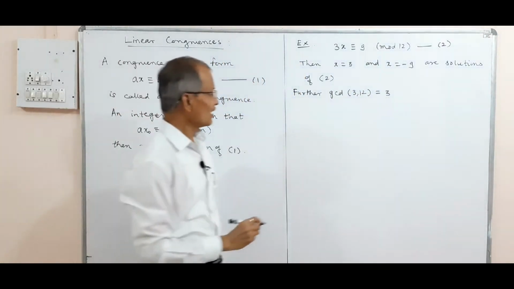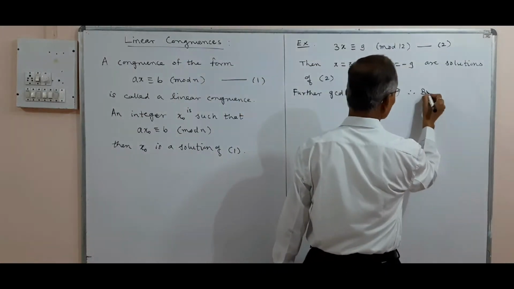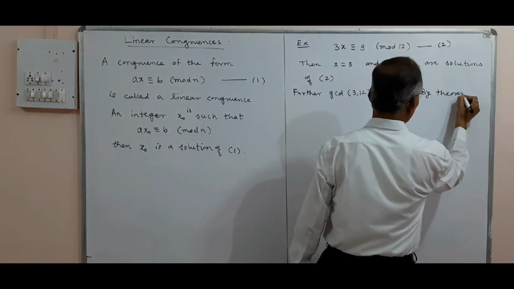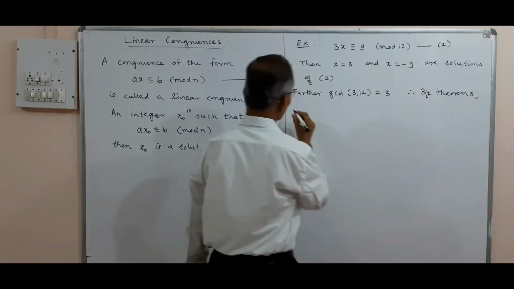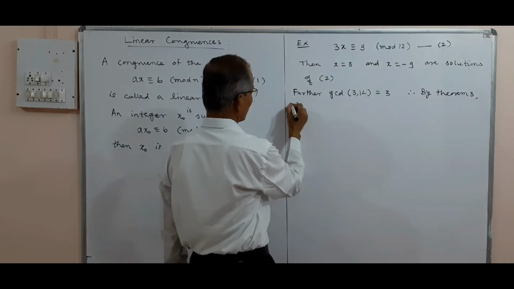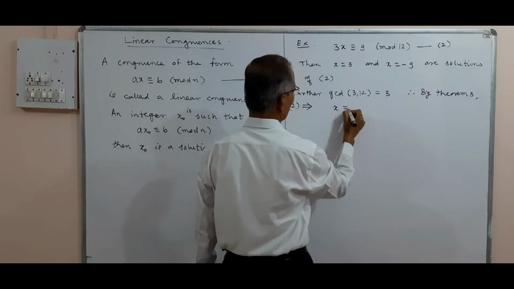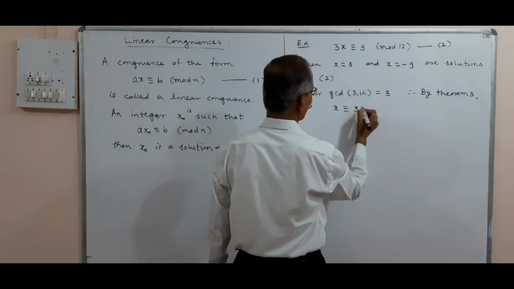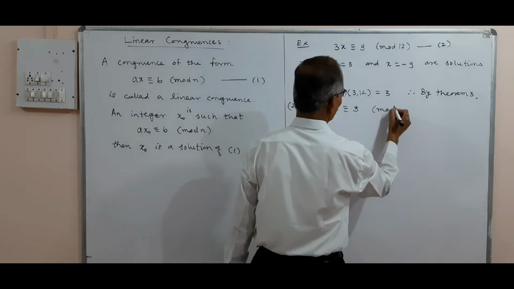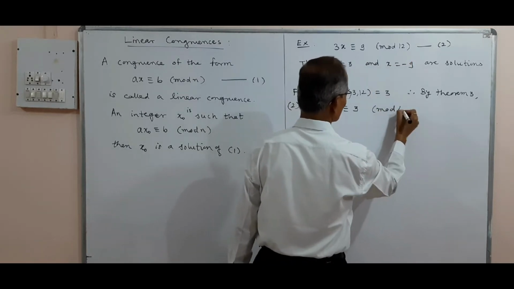This is theorem 3. Therefore by theorem 3, 2 implies, after division by 3, x is congruent to 3 modulo 12 divided by 3, which is 4.